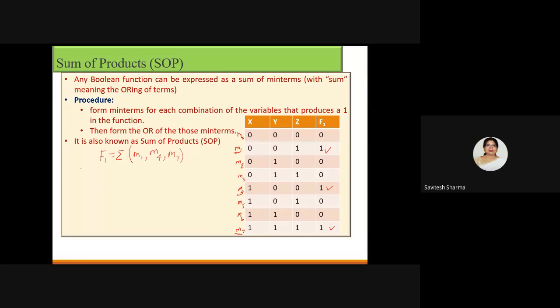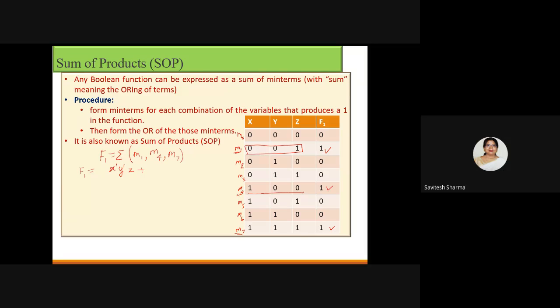And if you want to write the function as an expression in terms of variables, what will you write? Yesterday we already wrote it. For m1, what will you write? x complement, y complement, z. Plus the next min term is m4.